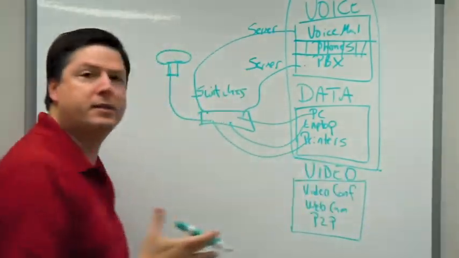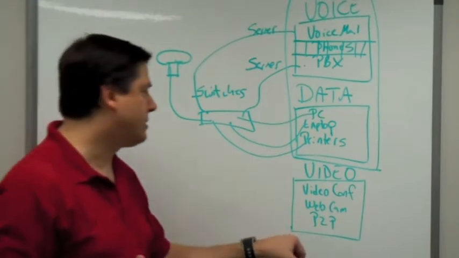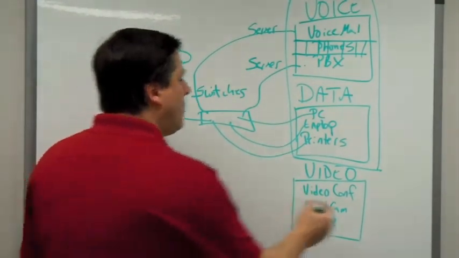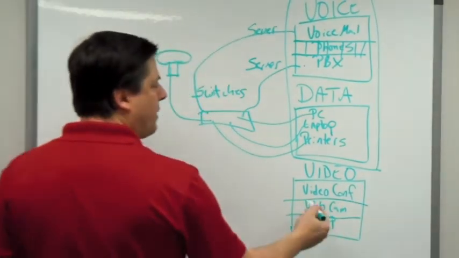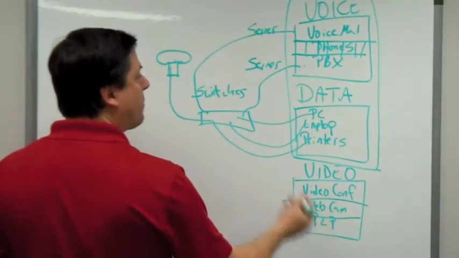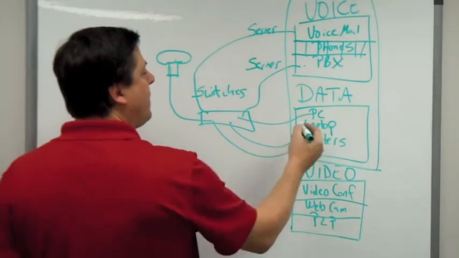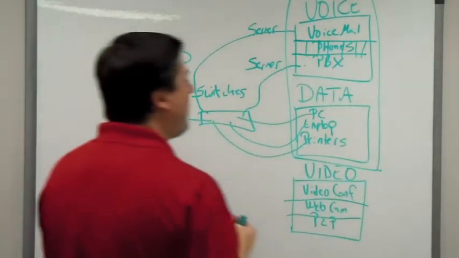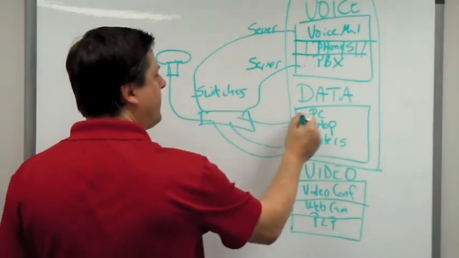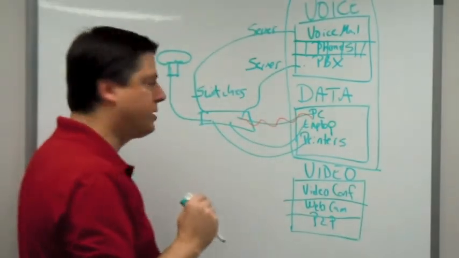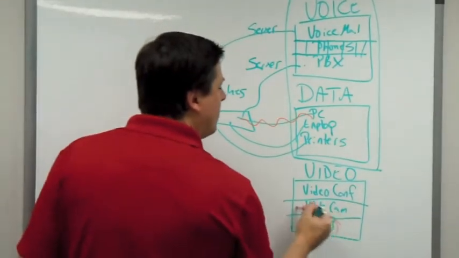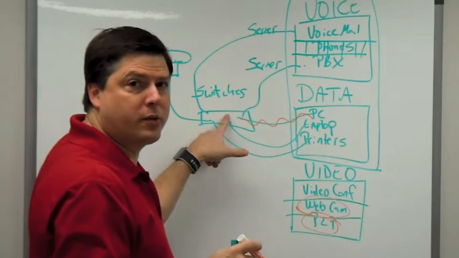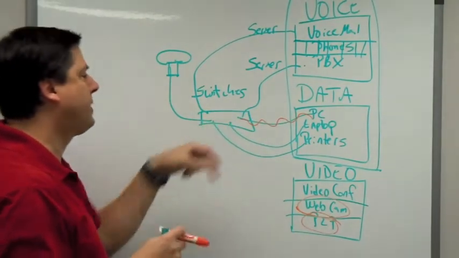Then they've gone and done the same exact thing with the video services. With the webcams, the peer-to-peer, the video conferencing equipment, we've broken these out to where the web services and peer-to-peer that we're running on top of our PCs are still able to do that, but we're able to control them. I'll represent that by showing that we're still using the same network connection for our video, but we're still using it directly connected to our switching and a direct connection to our data network.